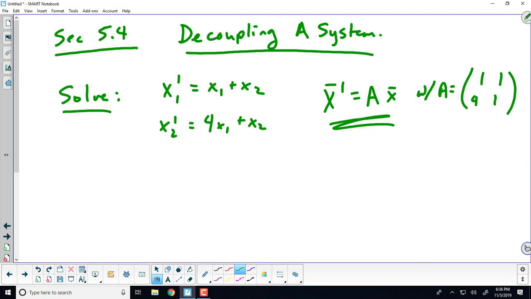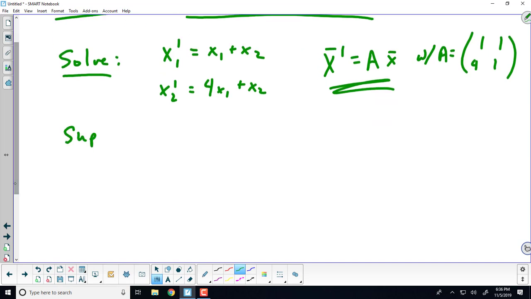All right. So let's suppose P is an invertible n by n matrix.